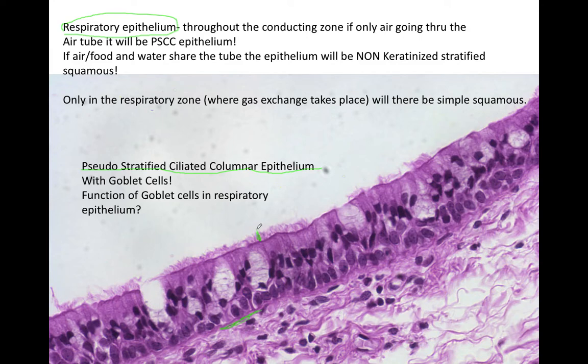What are cilia? Motile hair-like extensions. So they are moving in one direction. Here are our goblet cells. Lots of goblet cells in our respiratory system. So they secrete what? Sticky mucus. Lots of mucus.